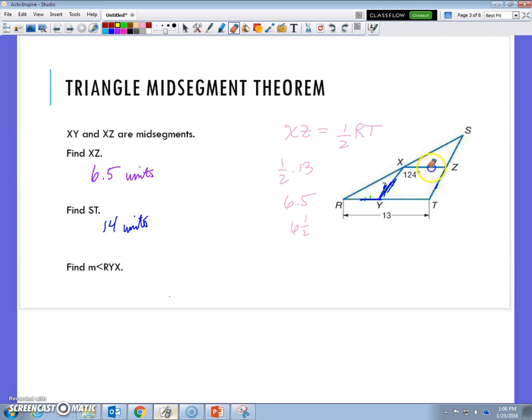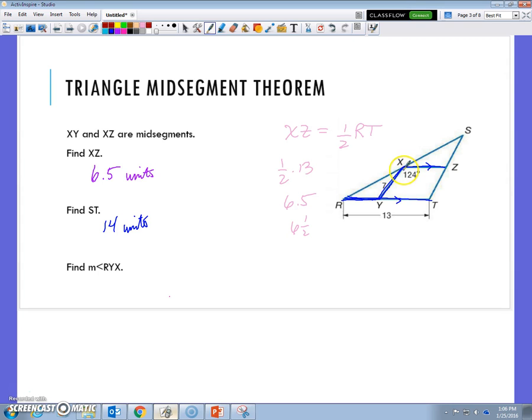Finally, we got an angle problem here. It says we were trying to find the measure of angle RYX. So it looks like we're trying to find this guy right here. If we know for sure that this is a midsegment, then I know that XZ is parallel to RT.